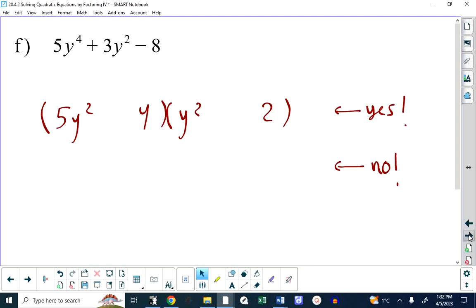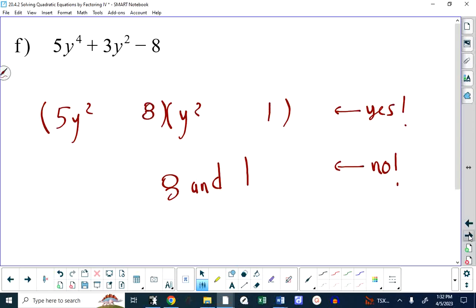No. Does that mean it's not factorable? Well, no. Because as many times as I've said, it's probably not 1 in the number. It's probably numbers that are closer together. I've always said it could be 1 in the number. And I think if you put 8 here and 1 here, you'll be able to finagle a 3y squared out of that deal somehow.